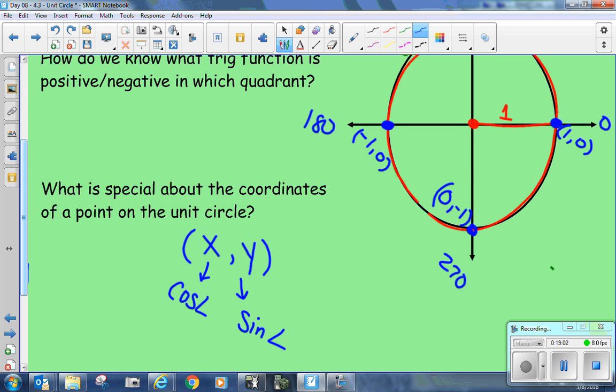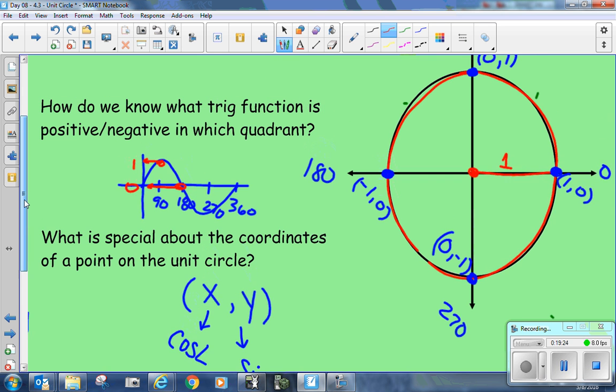0. Because doesn't my sine graph, here's 180, here's 360, here's 270, and here's 90. Doesn't sine go up, come back, touch, go down, come up? Well, what's the sine of 180? It's 0. What's the sine of 90? 1. So guess what my y value is at 90?